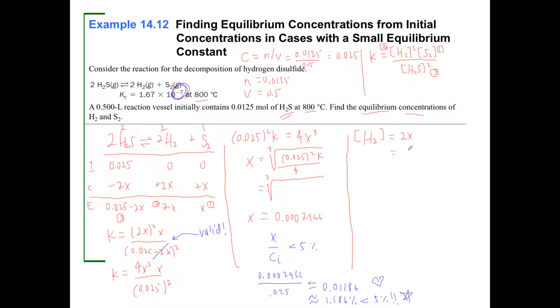Which gives us 0.0005932 molar. And you know what? We're using 3 sig figs here. I think everything's in 3 sig figs. So let's go ahead and say this is 5.93 times 10 to the minus 4 molar.